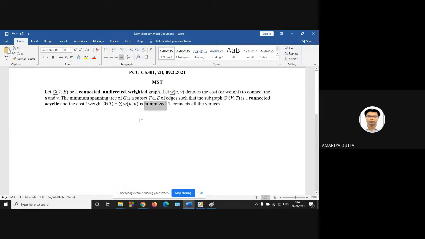I will explain with an example. T is the set of edges in the newly created graph, that is the spanning tree. We know that this is a minimum spanning tree, so this T connects all the vertices. So this is a definition of the spanning tree.